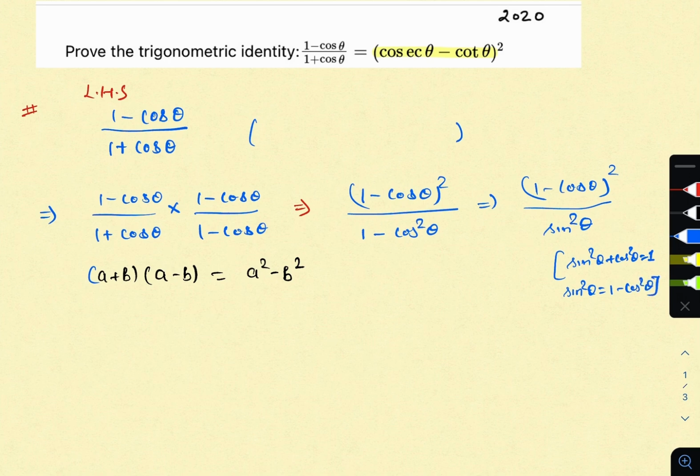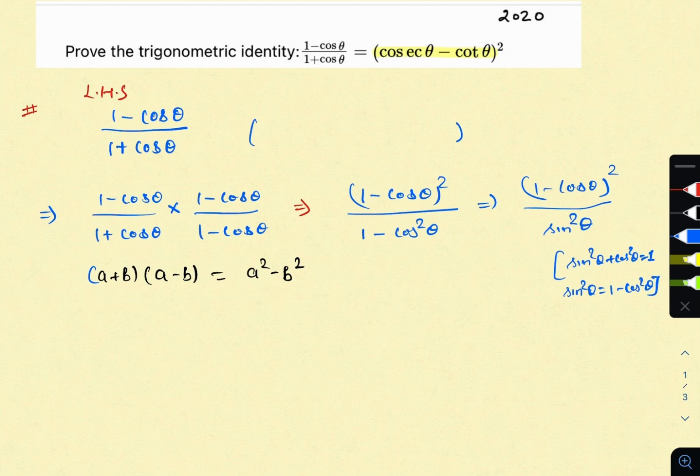So whenever we write the logic or the concept behind the step, it will make an extra additional impression on the examiner who will be examining your answer sheet.